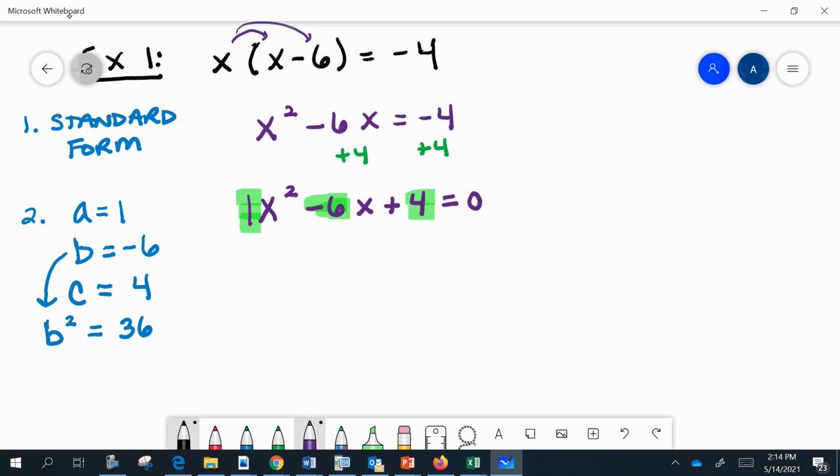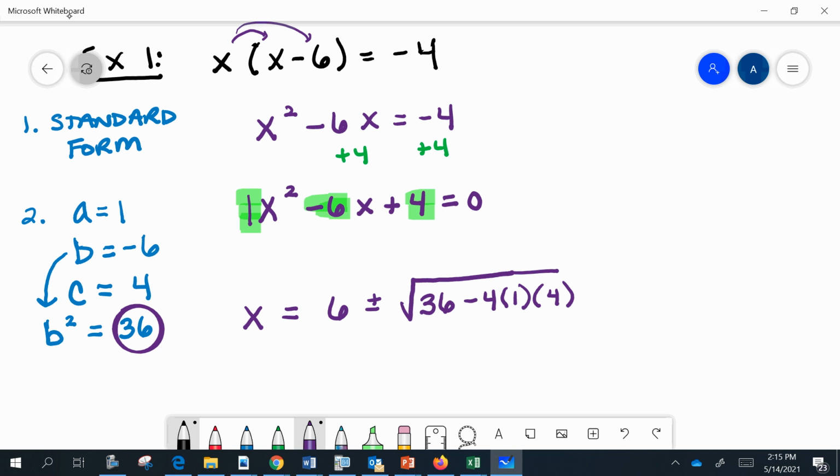The next step is to plug it into the formula. We're going to write x equals. And the quadratic formula, again, you can look up towards the top of your paper, says it's the opposite of b. So the opposite of negative 6 would be positive 6, plus or minus the square root. Inside the square root, we have this b squared term, and I already know that the b squared is 36, minus 4 times the a value times the c value.